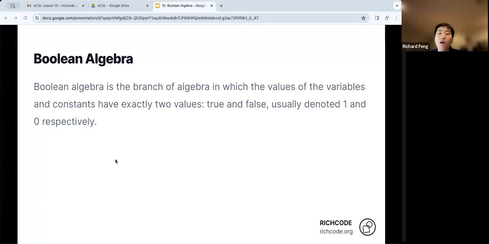Boolean algebra has extensive applications in digital electronics, computer science, and information theory. It's also the foundation for designing logic gates, circuits, and algorithms. So it is definitely an important topic in computer science to learn about.